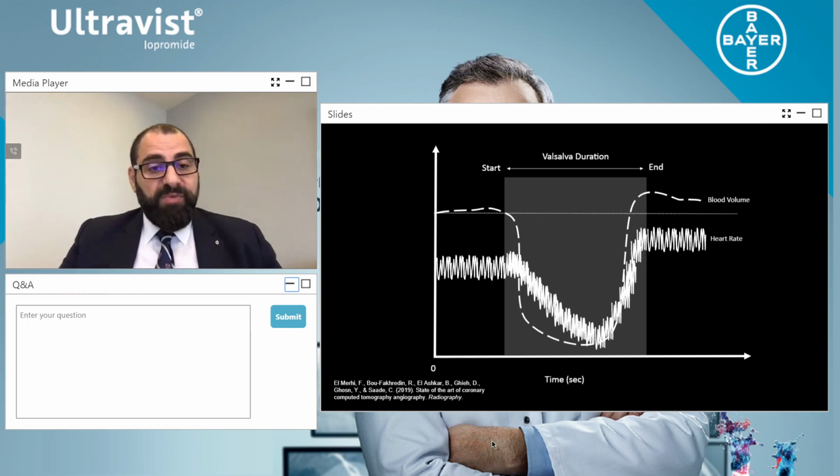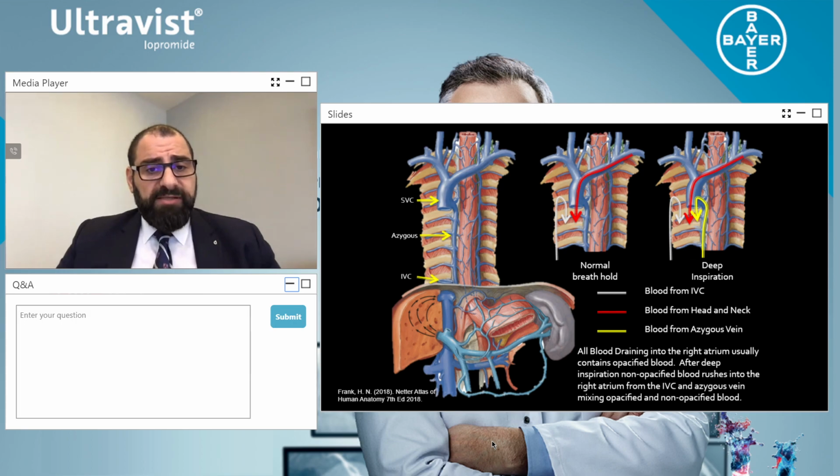And what happens is when you breathe in and hold your breath with your mouth closed, your heart rate increases and so does the flow of blood in your heart. So however you're monitoring, it is going to actually push it a lot further or a lot shorter in time, meaning we're going to miss it. So how does this happen exactly anatomically? If you have a look here at these diagrams, this is the venous system.